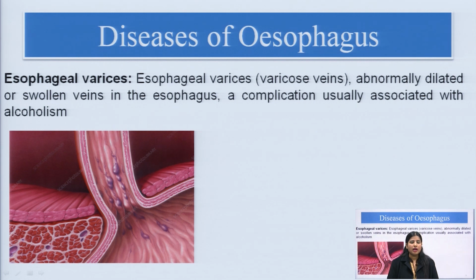And due to the dilation of these veins, they can ultimately lead to rupture when certain circumstances appear. There will be pressure generated in these varicose veins, they will rupture, and they will start bleeding.